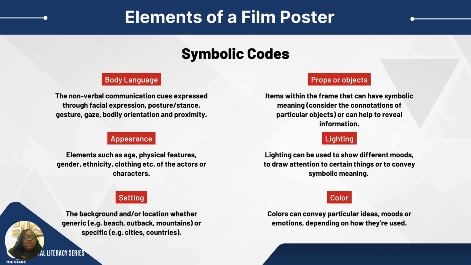Elements such as age, physical features, gender, ethnicity, clothing, etc., of the actors and characters are all a part of appearance. It is important when thinking about those things for what goes into your film poster and the makeup of your images, your imagery, and your layout.